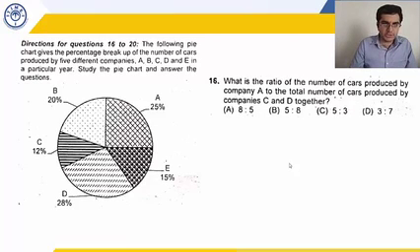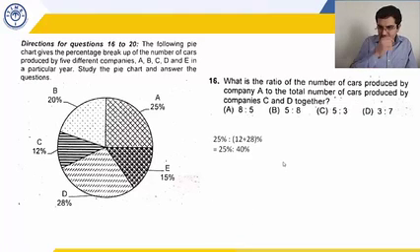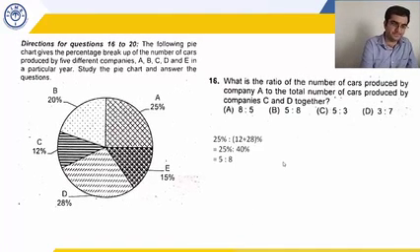Okay, so company A is 25%, on the ratio of cars produced by A to C and D together. So you want 25%, A is 25%, C and D is 28 plus 12%. So that's 25% is to 40%, which is 5 is to 8.